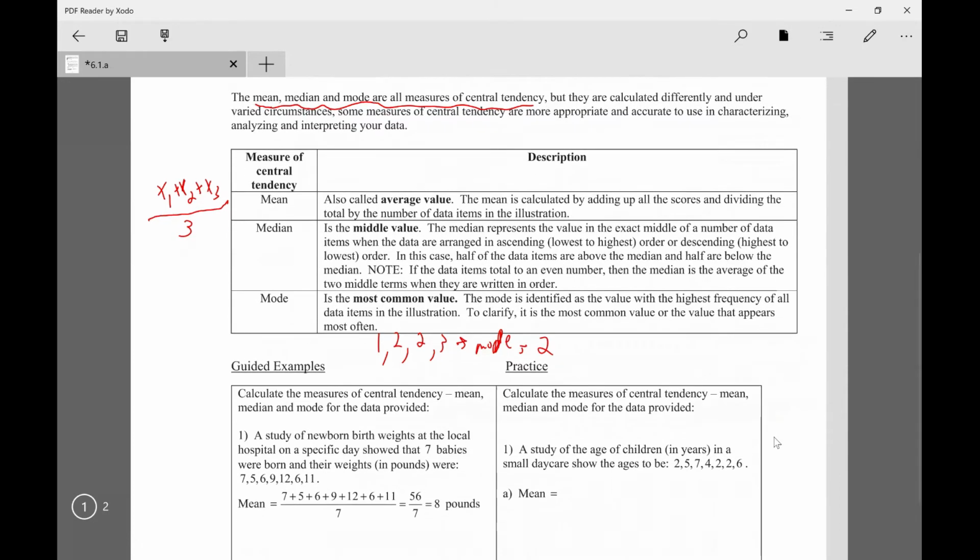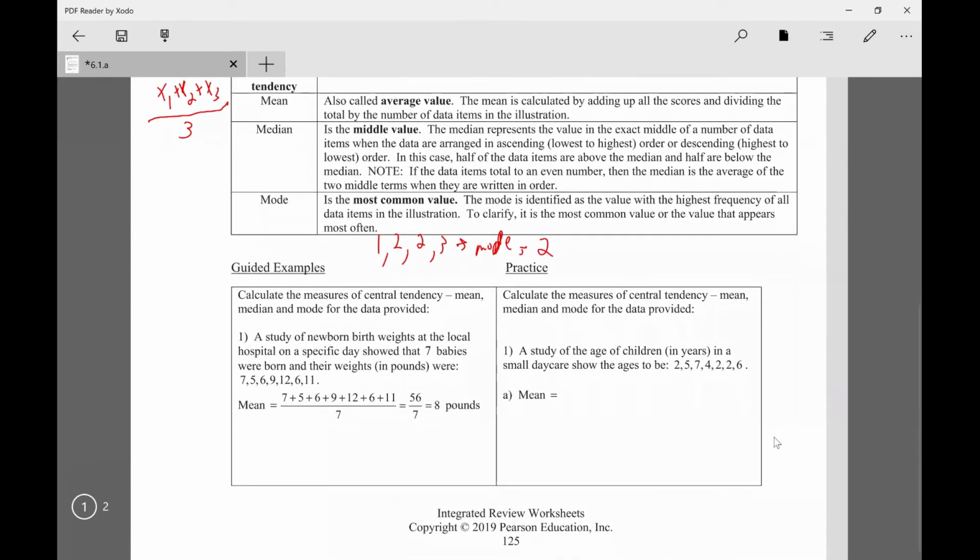Okay, so let's go through some examples here. If I want to find the mean, median, and mode of number 1, which is a study of a newborn, to find the mean we add all the numbers up.